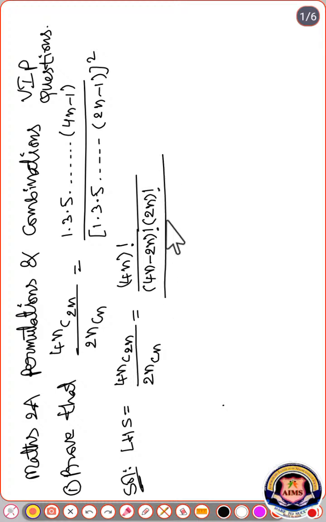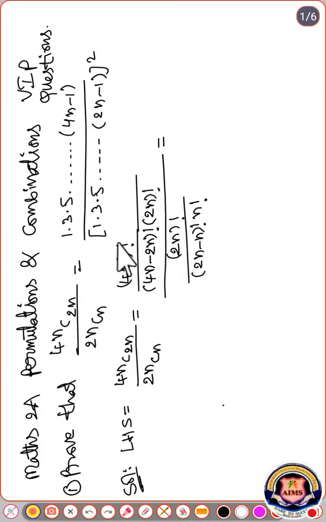Here n means 4n and r value is 2n, so 4n factorial divided by 4n minus 2n factorial into 2n factorial, divided by again the same nCr formula for 2nCn: 2n factorial divided by 2n minus n factorial into n factorial. Here r value is n.